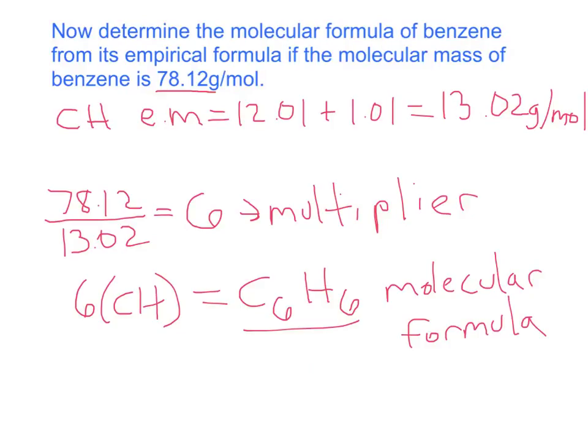So you just divide them to find the whole number, and it should always come out to a whole number. Yep. If they are the same, then you know the multiplier is just 1. The empirical formula and the molecular formula are the same. If it comes out a whole number, like it did here, then you apply the whole number multiplier to the empirical formula. All right, a little more practice on the next slide.